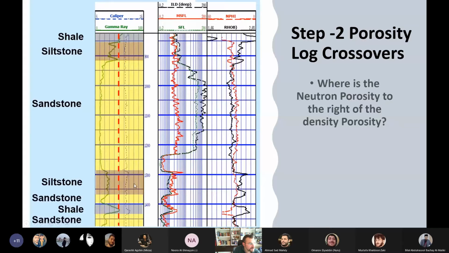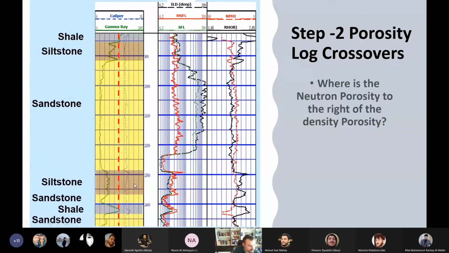So when your neutron porosity, the red one, passes through to the right side of your density porosity, you understand that this is a sandstone formation. Note this one, this is crucial. When your neutron porosity passes to the right side of your density porosity, you call it sandstone formation.